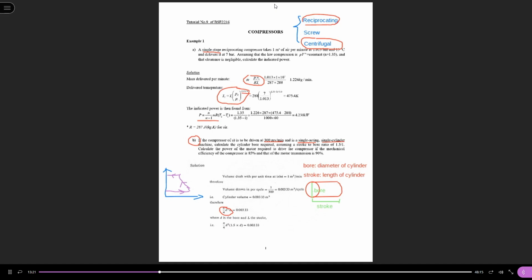Then we are asked to calculate, besides the cylinder bore and geometry design, the power of the motor required to drive the compressor.